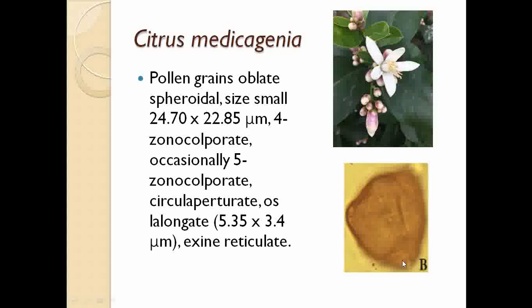So it shows a four zonocolporate structure, or sometimes other species of citrus also show a 5 zonocolporate structure. The exine, if you observe here, is reticulate, and the exine size is 4 to 5 micrometer.